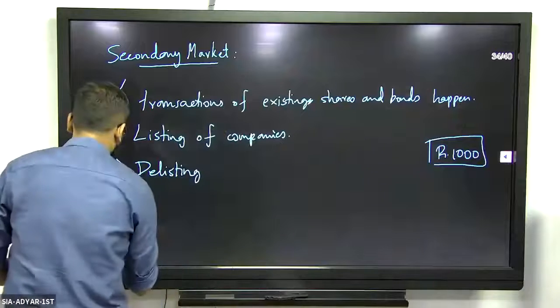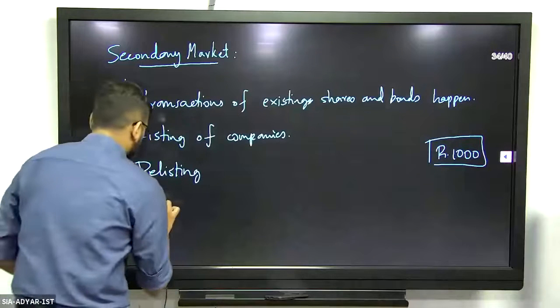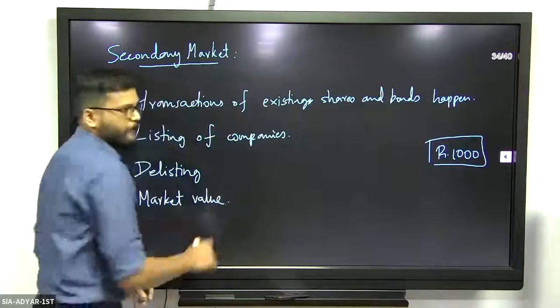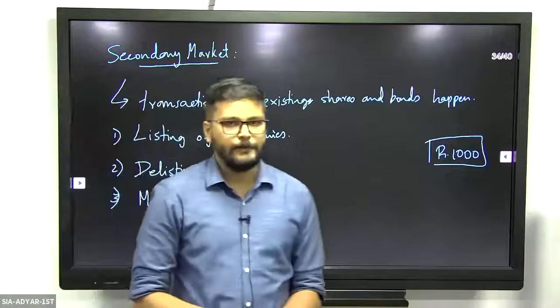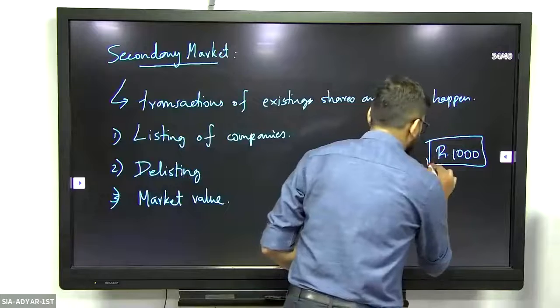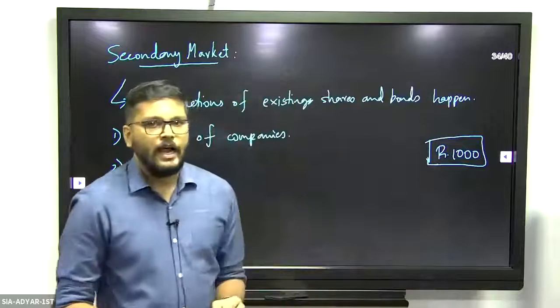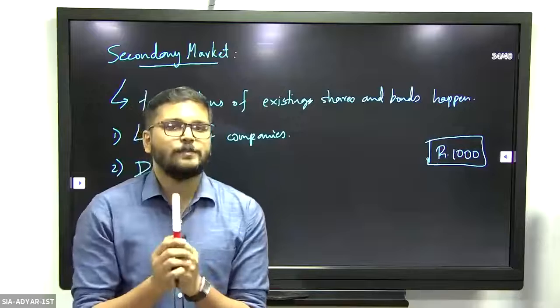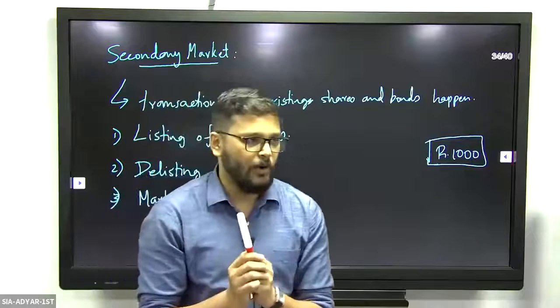Now here comes the next major concept, the market value of a share. Now 1000 rupees is the face value of this share. Let's say the price of this pen is 100 rupees. Let's say this pen is available in very limited quantity.